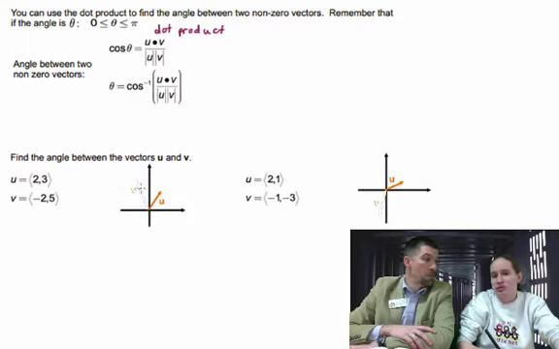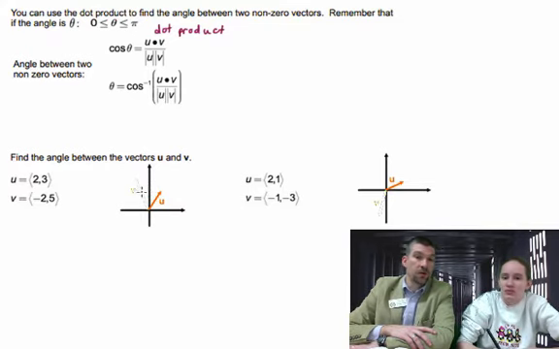And these angles should always be greater than 0 and less than 180, because if it was bigger than 180, we could talk about the angle going the other direction, on the other side.